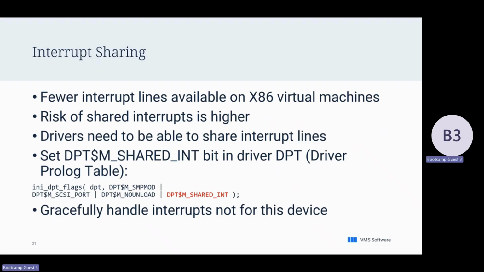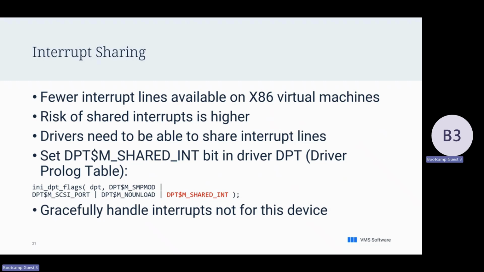That means that drivers need to be able to share interrupt lines with other devices. So first of all, you need to set a bit in the driver prologue table that tells us that your driver is capable of sharing your interrupt with other devices.